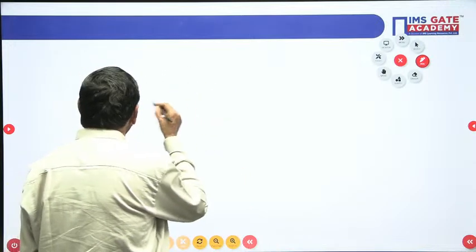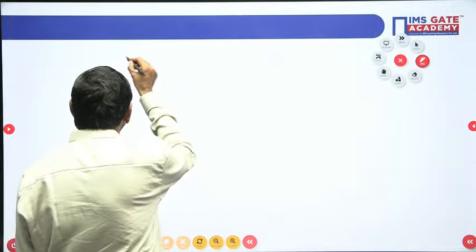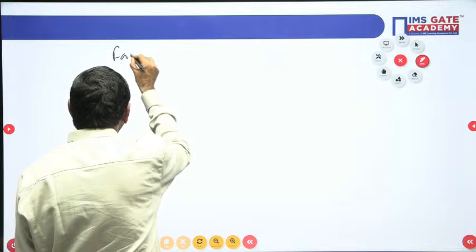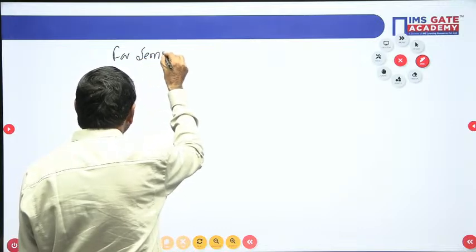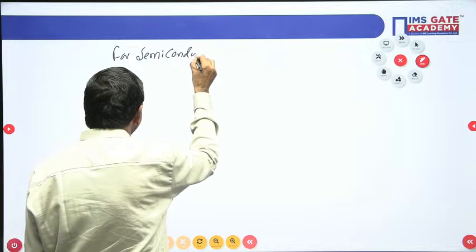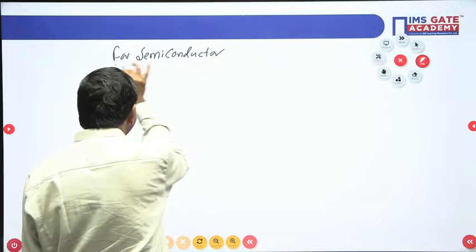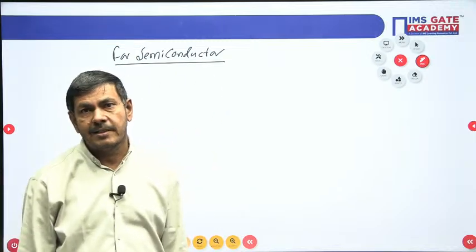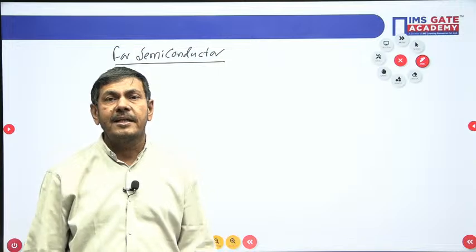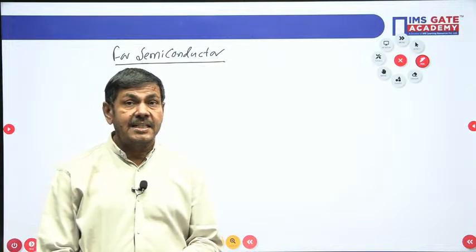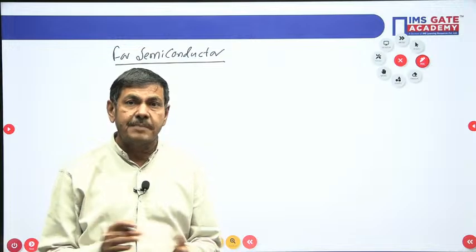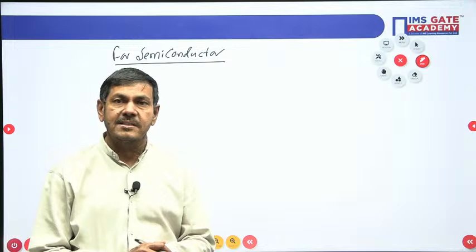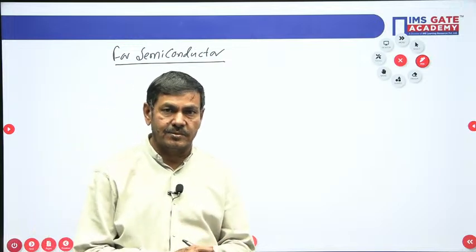Now, we can take the transport mechanism of a semiconductor. For a semiconductor, I want to find the current density value also. How can we find the current density here? Semiconducting materials contain a concentration of electrons and a concentration of holes also.